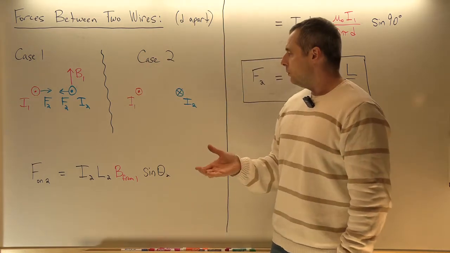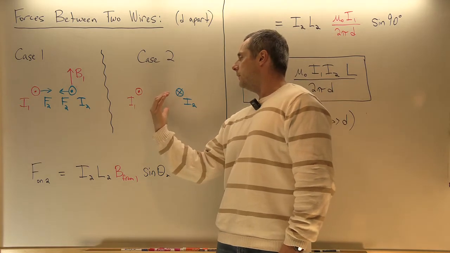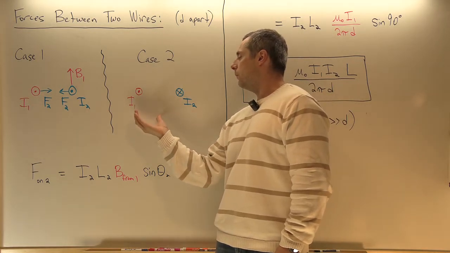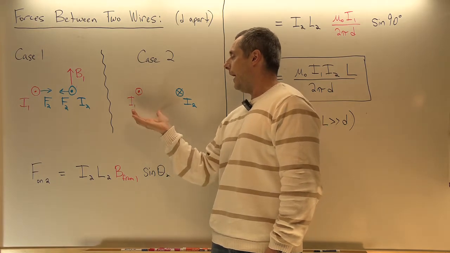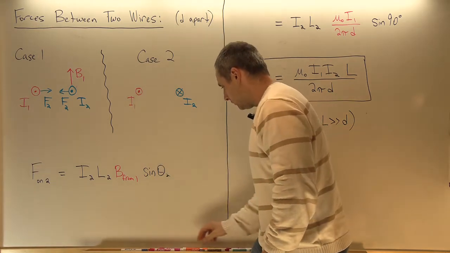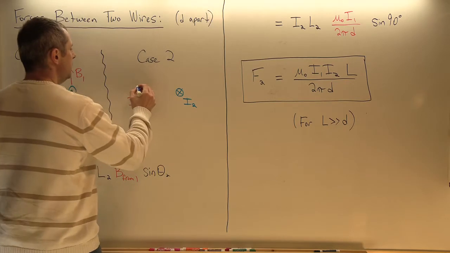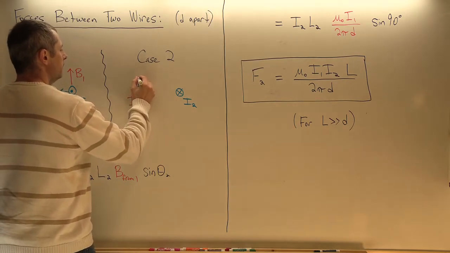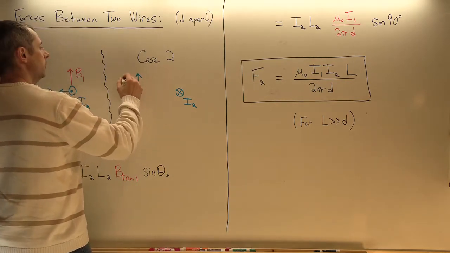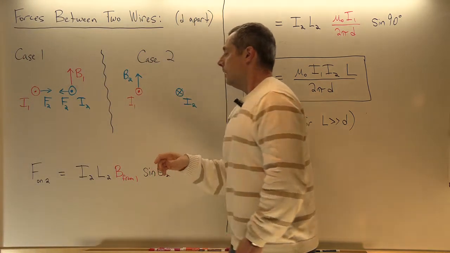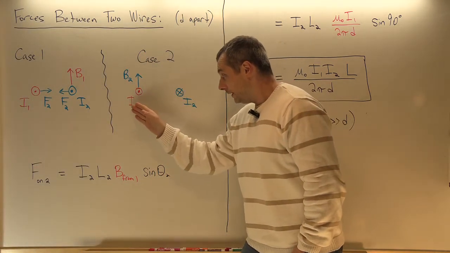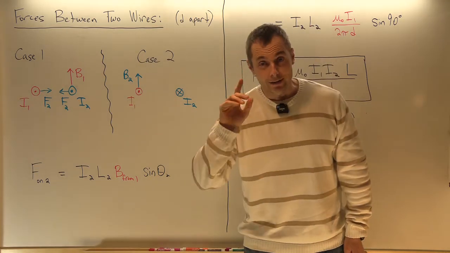We use our right hand rule, and we put our thumb in the direction of the current, and our 4 fingers will show us the direction the magnetic field goes around the wire. So at this point, it's going up. So here's B caused by wire 2. So B2.